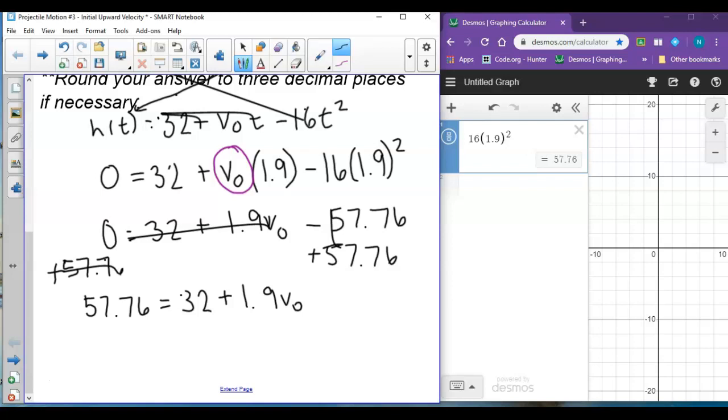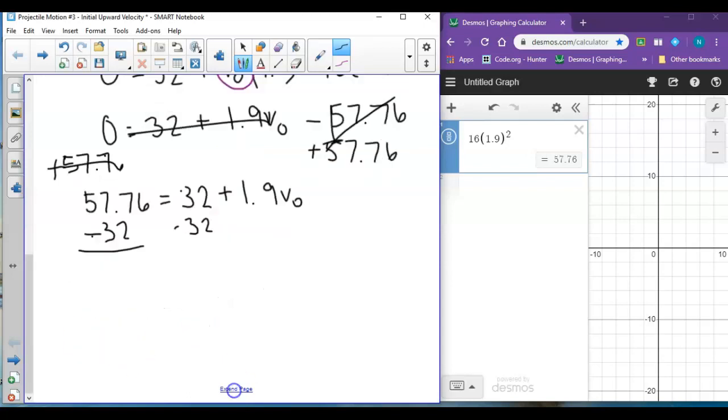The next thing you want to do is get that 32 over to the other side. So I'm going to subtract 32 from both sides. If I take this value right here and subtract 32, I'm going to get 25.76 equals 1.9 times v sub 0.